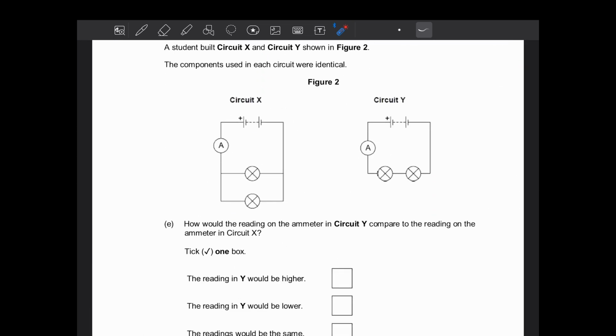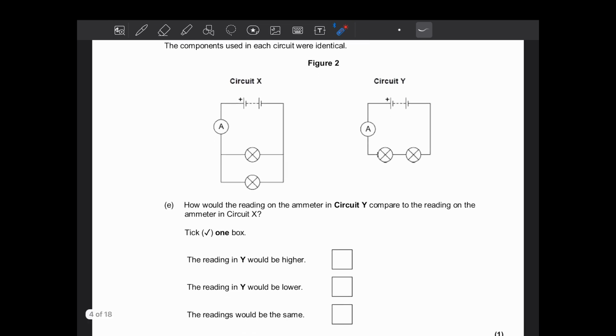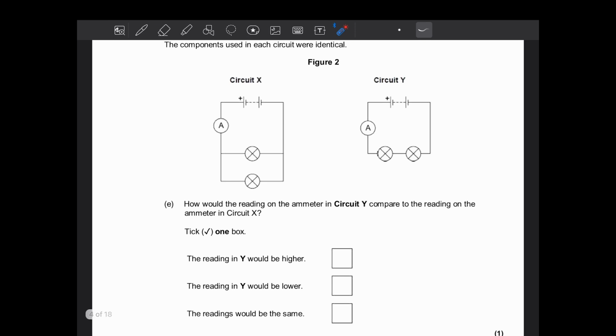So here we've got two circuits, X and Y. One's in parallel, one's in series, and question E asks, how would the ammeter in circuit Y compare to the ammeter in circuit X? Pause the video now if you would like to try this yourself.